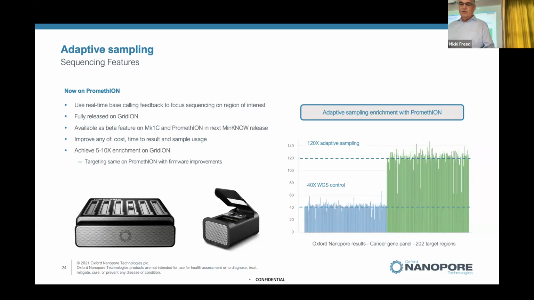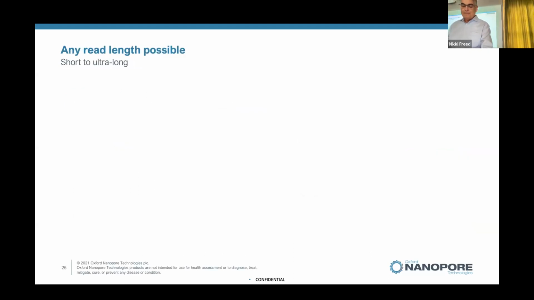So there are some really nice combinations, and you can actually control which pores on the flow cell are doing adaptive sampling, and you can turn some of them off. So half the flow cell is doing adaptive sampling and the other half's not. So there are other permutations there, again, more choices, more options to do better science.